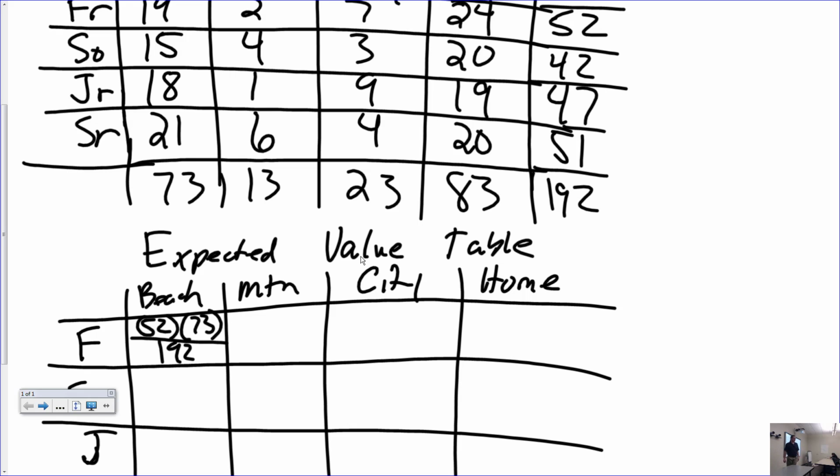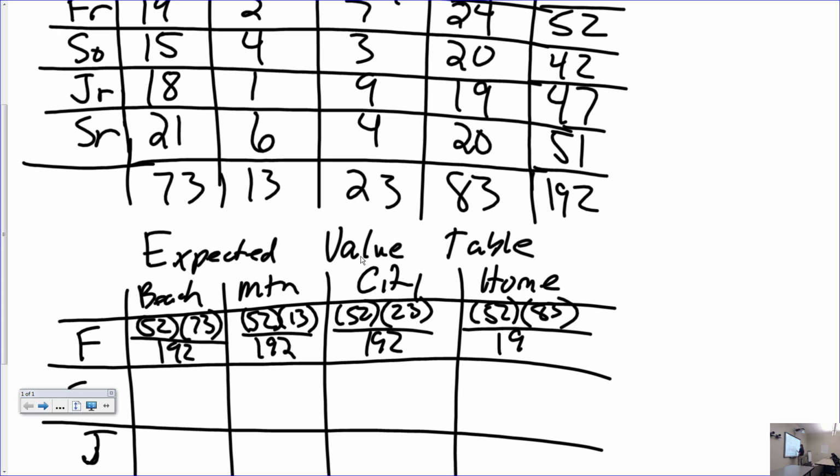The total in the column, the total in the row, divided by the total. And then rinse and repeat for every cell in the block, right? So 52 times 13 all over 192. And then 52 times 23 over 192. 52 times 83 all over 192.